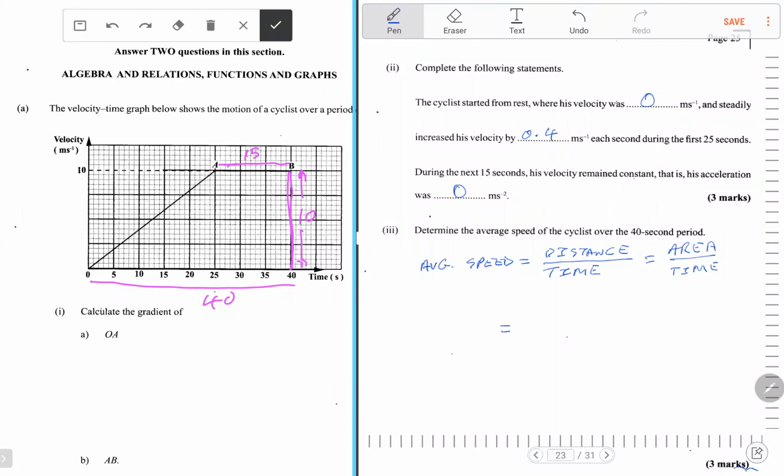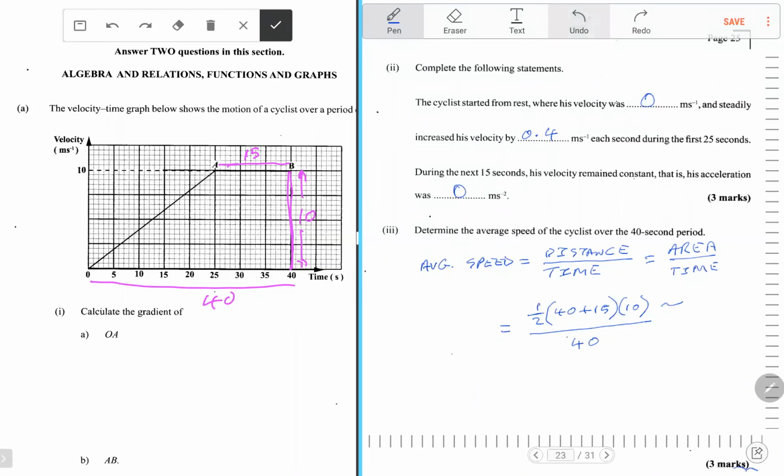So let's do the calculation over here. It becomes half of the sum of the parallel sides, which is 40 plus 15, times the distance between the parallel sides, which is 10. That's going to give you the distance, and you divide that by the time, and the total time is 40. So this up here is the distance, which is the area, and down here is the time.